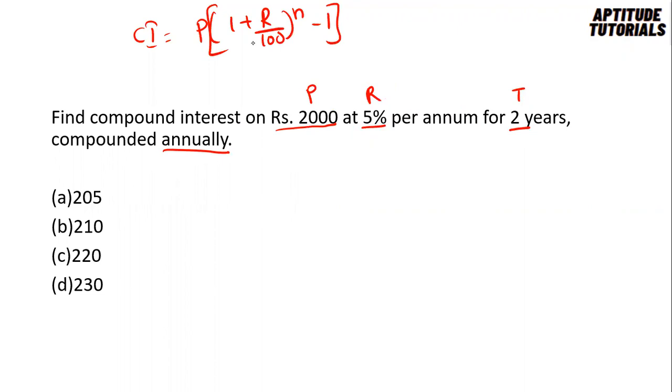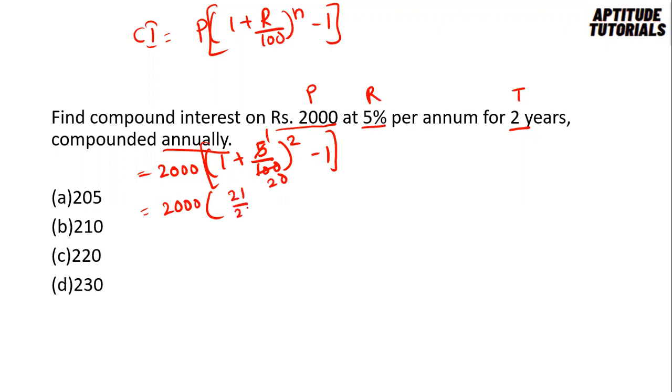So directly you can substitute the values here. P is nothing but 2000 and 1 plus rate of interest is 5% divided by 100 and the time period is 2 years, minus 1. So simplify this. 2000 multiplied by 1 plus 5 ones are 5, 5 twenties are 100, so 1 plus 1 by 20, that is 21 by 20. You have square here. So 21 by 20, 21 by 20, minus 1. Okay. So simplify what is 21 by 20 whole square.